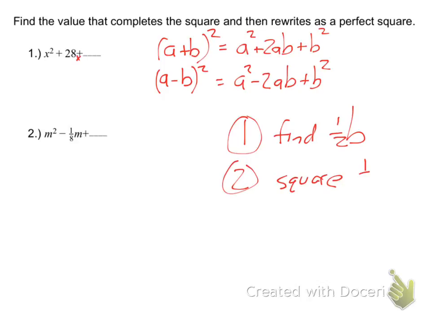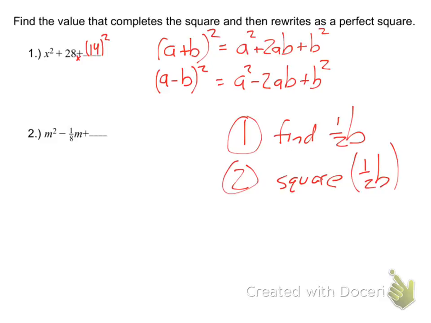Step 2: square the 1/2 of b. That's kind of it. Half of b is 14, and step 2 says square that number, so you would see 14 squared.